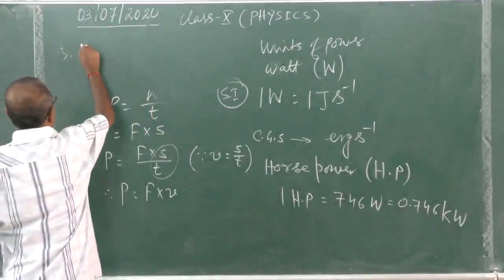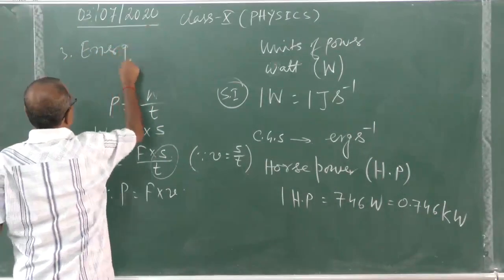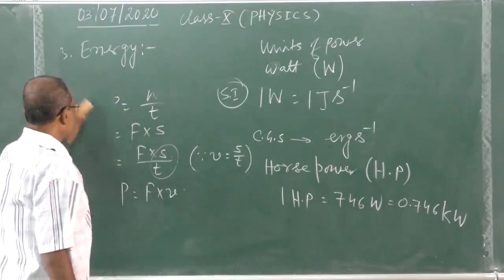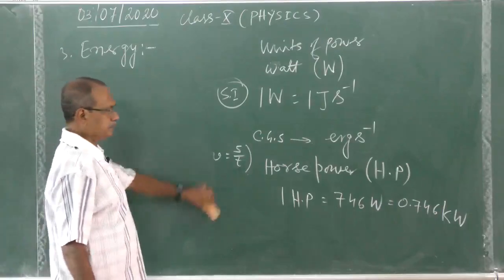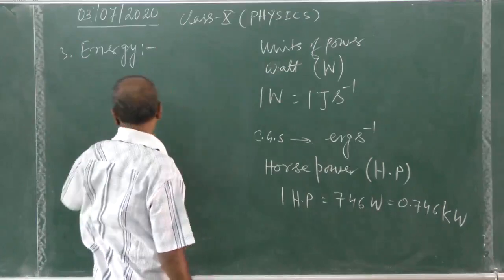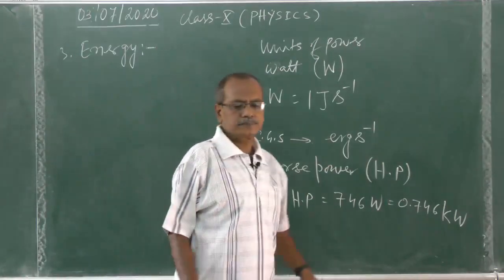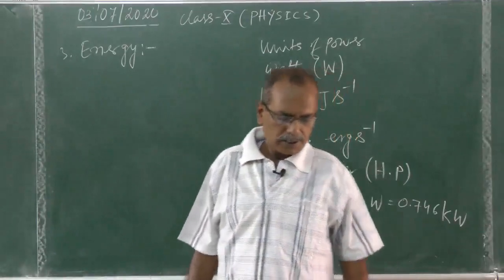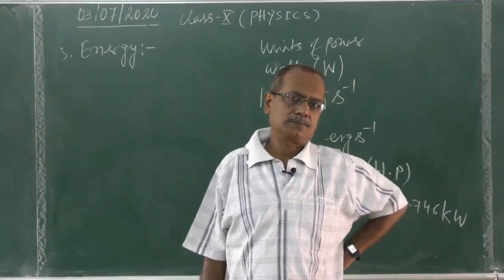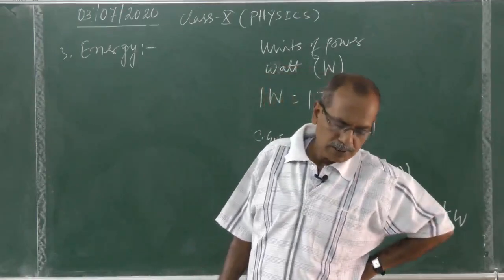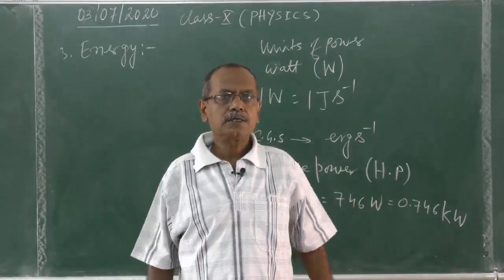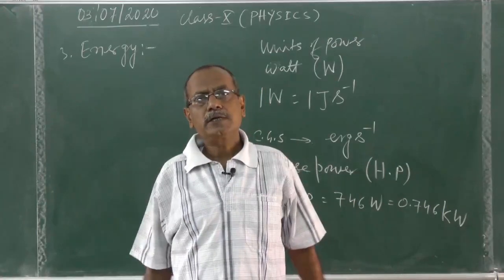Now next is energy. Number 3 is energy. First it was work done, then power, then we are doing energy. So energy is the capacity to do work. The energy of a body is its capacity to do work. It means when a body is doing work, its energy will decrease.